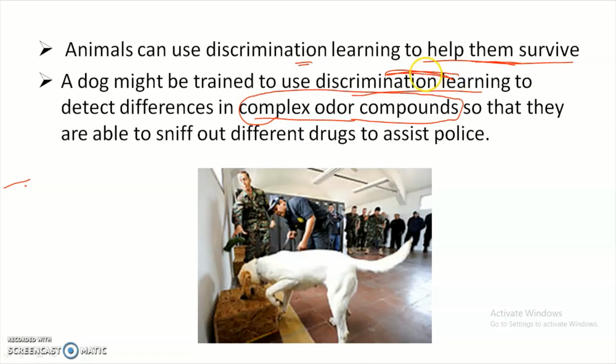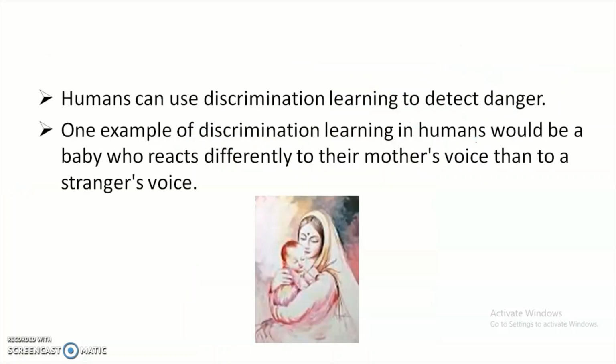With the help of this, the dogs are able to identify whether it is a normal thing or an abnormal thing, such that the police are able to catch thieves or culprits, so that they can sniff, nothing but smell out, the different drugs to assess the people.